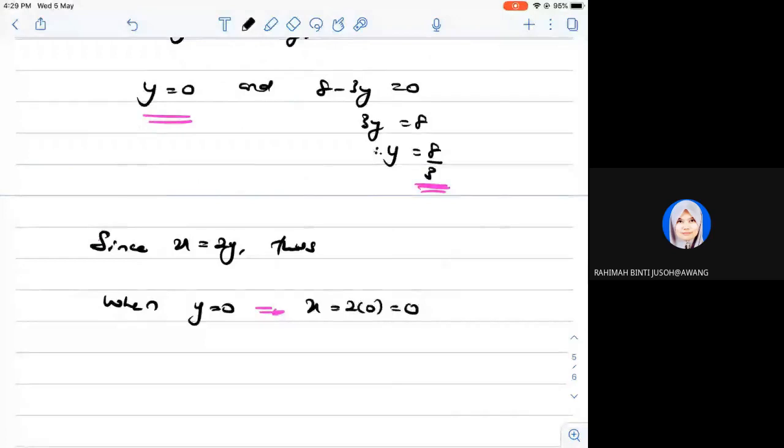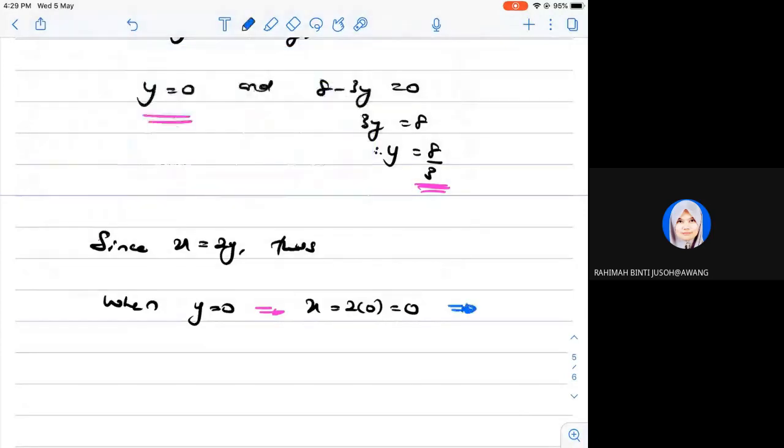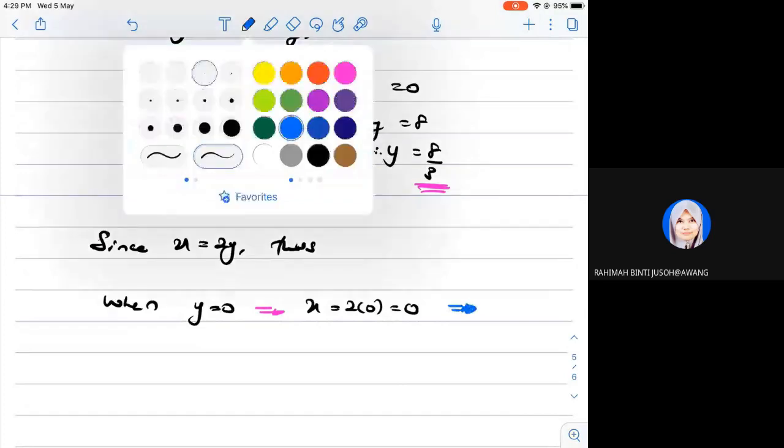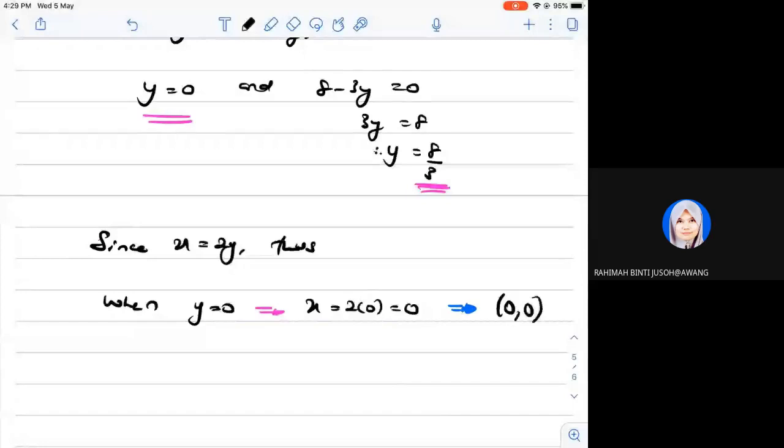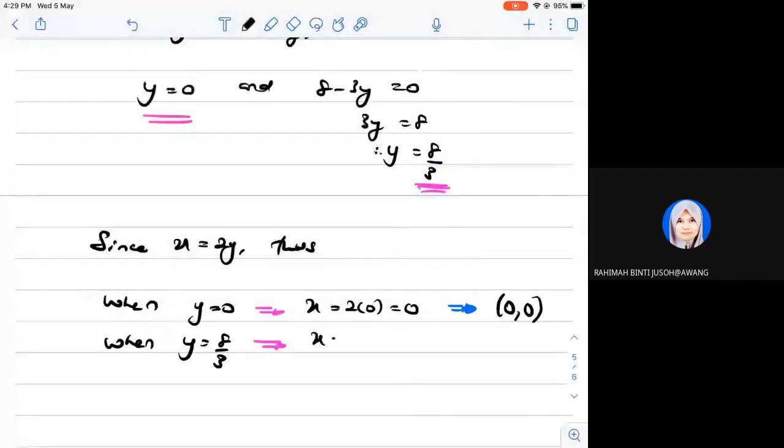Alright. So coordinate kita adalah apa? Critical points kita. Untuk yang pertama ni 0, 0 lah kan? When x equals to 0, y equals to 0. Okay. And then yang kedua, when y equals to 8 over 3, so x samalah dengan 2 darab 8 over 3.